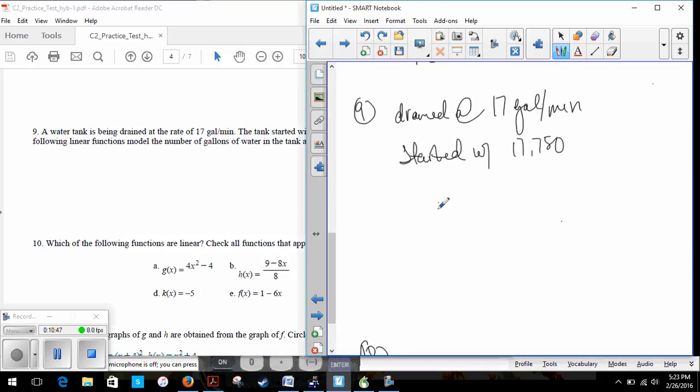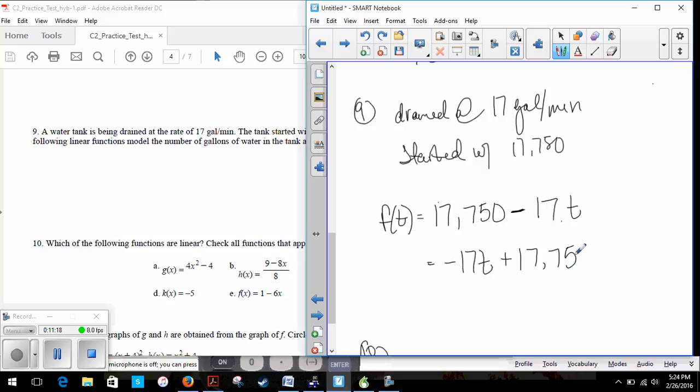So I started out with 17,750, and every minute that passes, which I'm going to measure in t, I lose 17 gallons. And so I can say f of t is 17,750 minus 17t. If you like it written where your variable is listed first, you can say negative 17t plus 17,750.